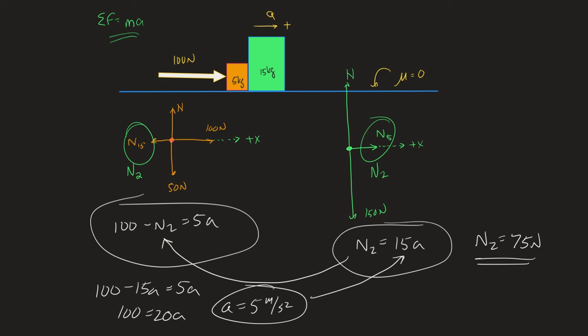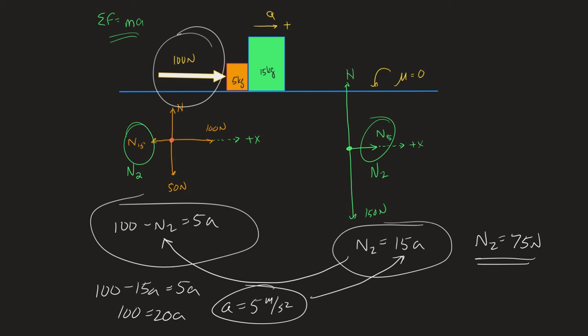I don't think this is terribly tough, but ask yourself a simple question here. If this force had been on the other side, do you think it would have been 75 newtons between the boxes? Some of you have an intuitive sense about this and some of you don't. But if I pushed in the other direction, do you think the acceleration would change?